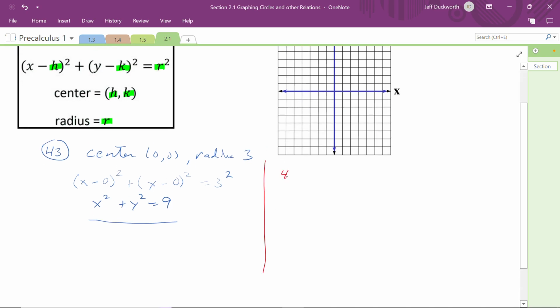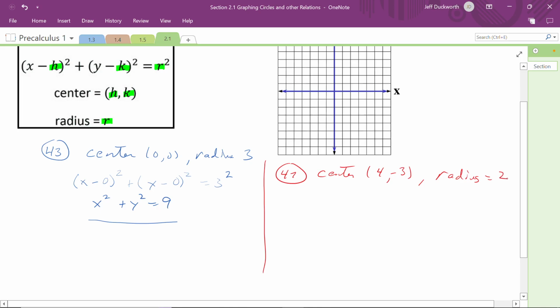So number 47, they give us the center of +4 for the x and -3 for the y, or h and k essentially. The h is 4, the k is -3. And then the radius, which is r, is equal to 2.